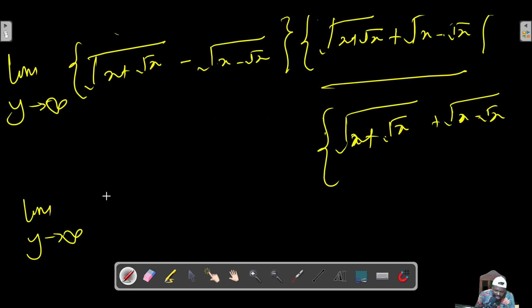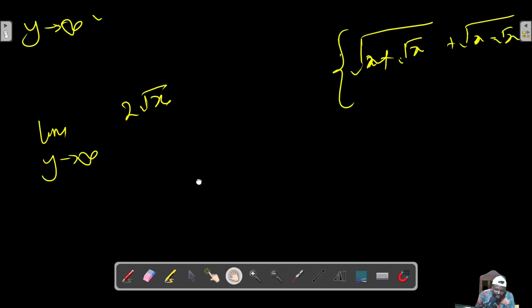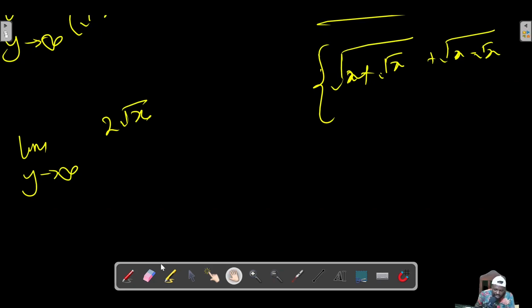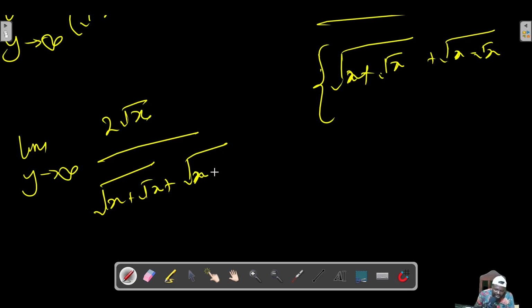So let me rewrite everything again. The numerator I end up with, it was 2 root x, I guess, divided by root of x plus root x plus root of x minus root x.